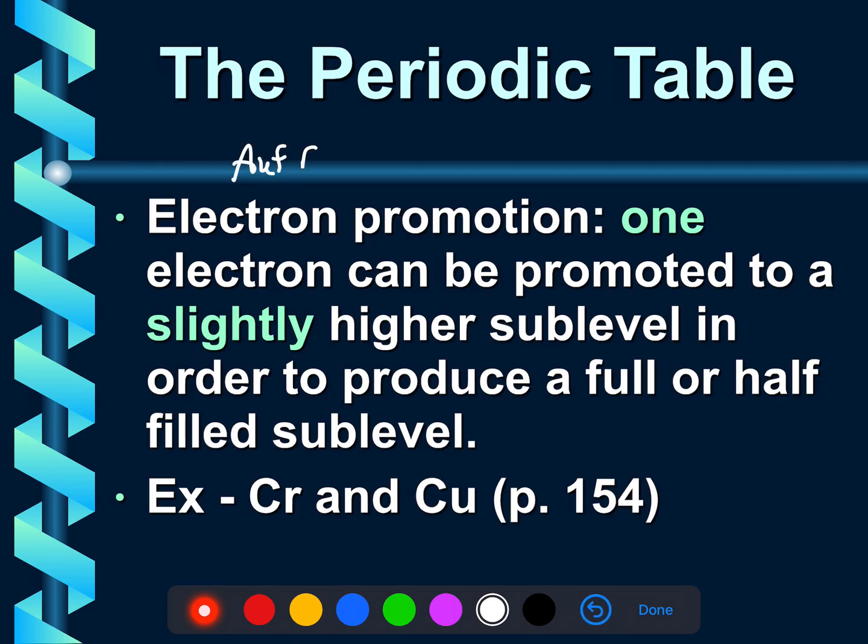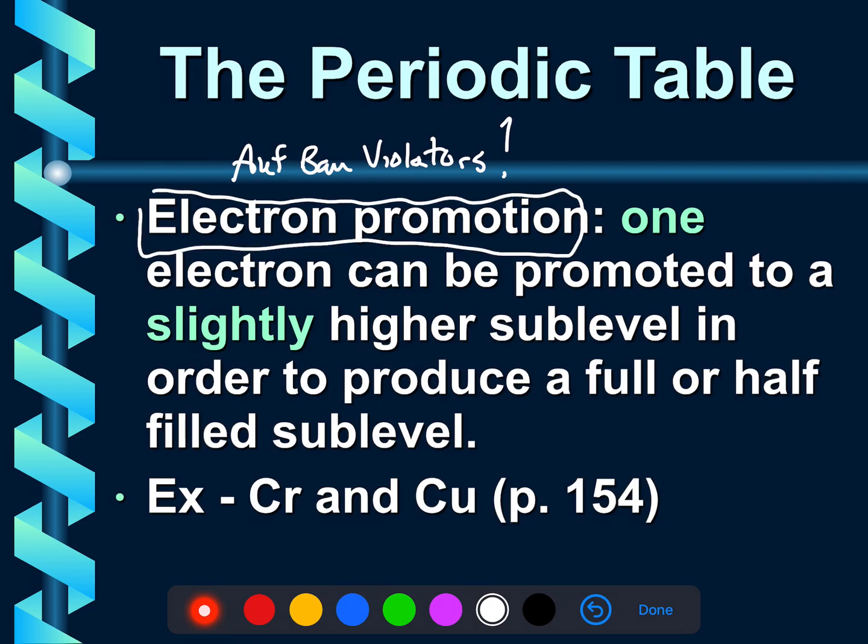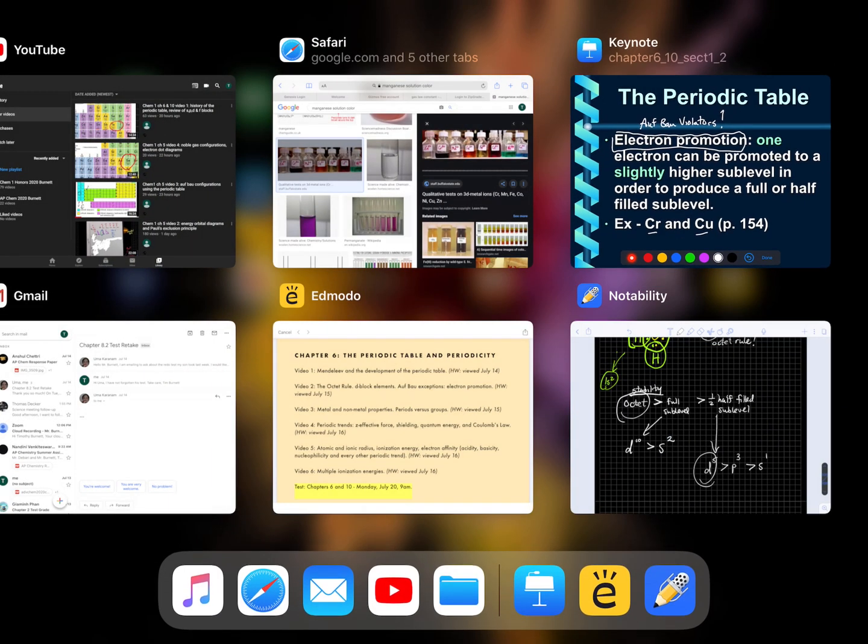Half-filled violators. In other words, things that involve electron promotion do not follow the half-filled rule. Let me show you with chromium and copper as an example.